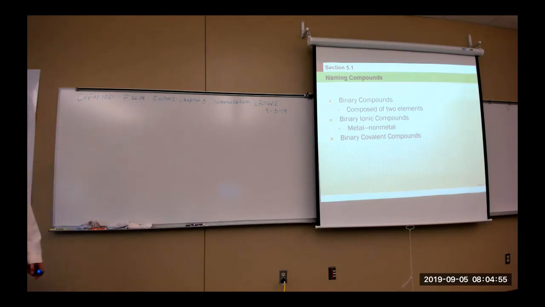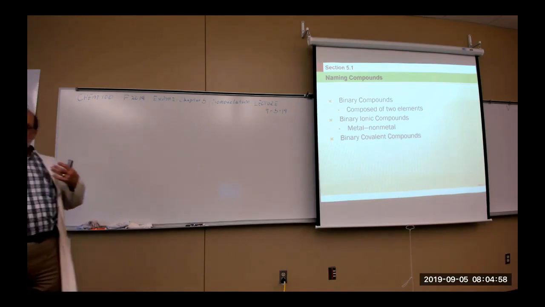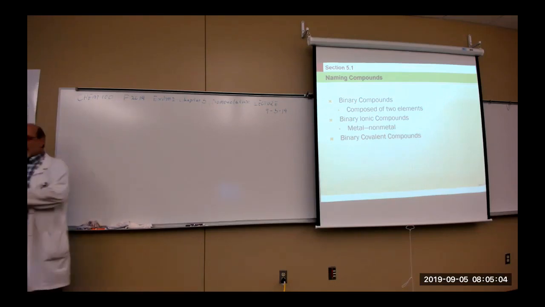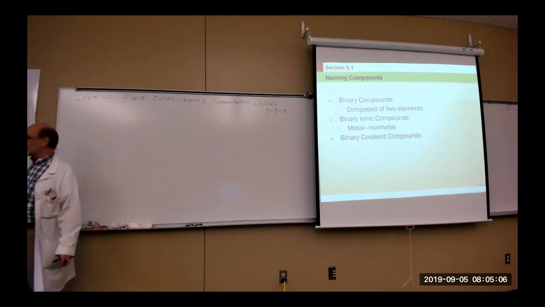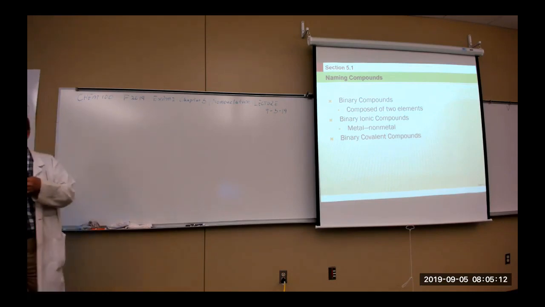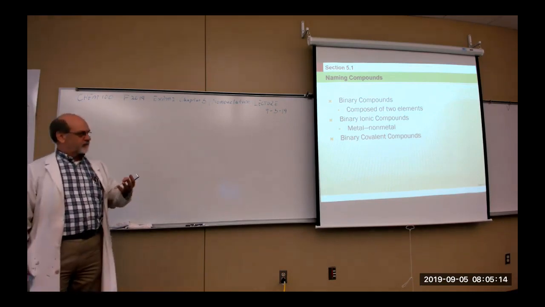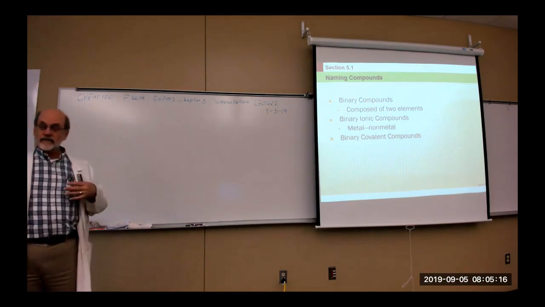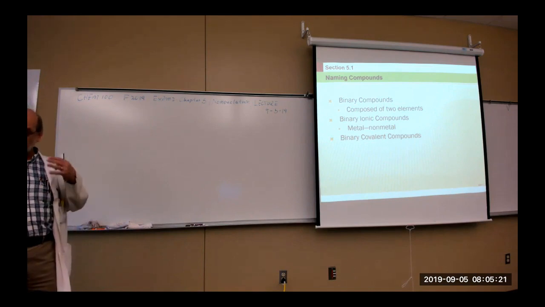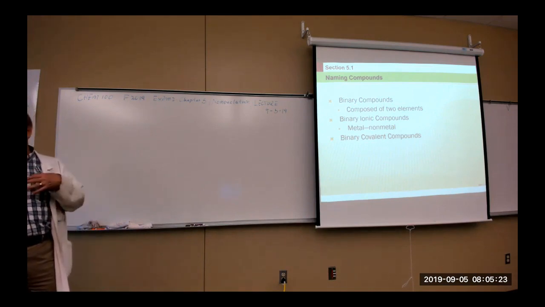But we get to the point where you don't just have compounds with one from here and one from here. A whole host of compounds can be constructed from two of these, two nonmetals, but their bonding is different. A metal and a nonmetal typically create an ionic bond, where one is actually a positive and the other is a negative.